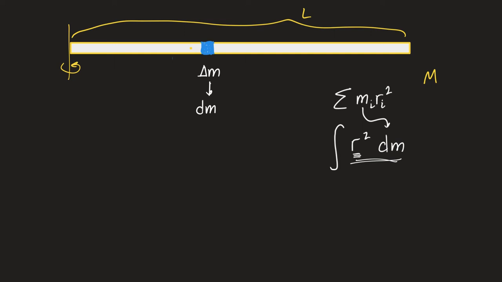Now, that doesn't make a lot of sense in the beginning, but let me give you a few relatively simple steps. First, we've already identified where our piece of mass is. Now we need a variable that can describe where it is. So start at your axis of rotation and consider a possible variable that could tell us where the start of the object is. I'm going to use x.